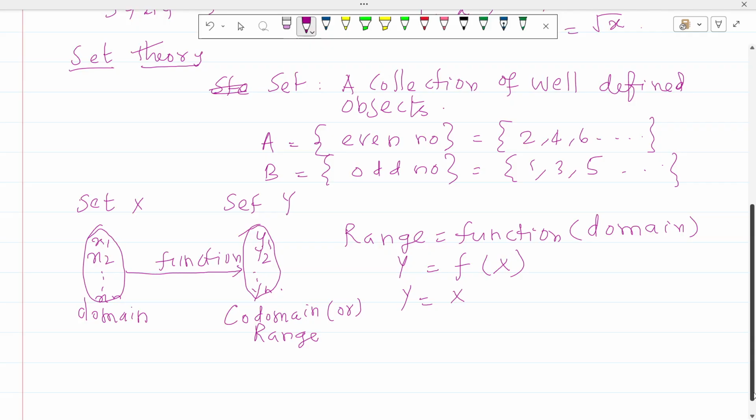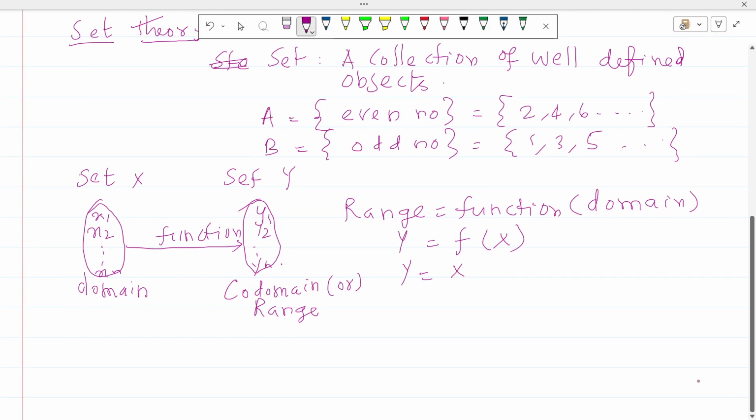How can you understand this concept y equal to x? Already in 10th standard level, you may have studied about the graph. Sometimes it may be given that y equal to 2x plus 3, draw the graph for y equal to 2x plus 3, or draw the graph for y equal to x square, or draw the graph for y equal to x, like that.